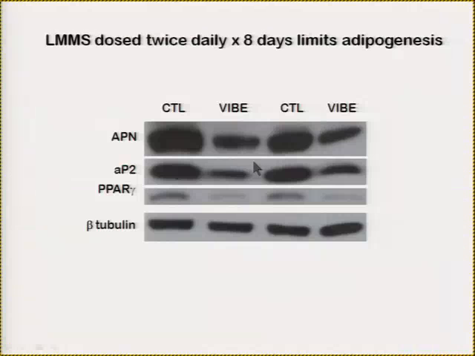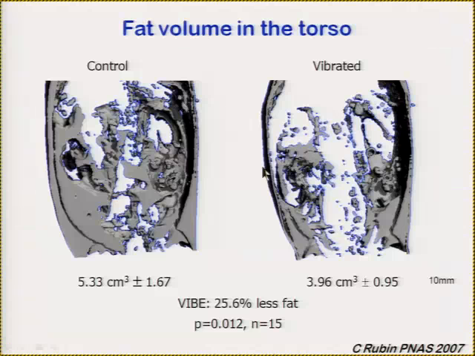We've been shown that the same signal, just one more blot, also does all the same things that exercising our plate does. So if we vibrate these cells, we get less adiponectin, less PPAR. But this signal, interestingly, also seems to be associated with decreased fat.